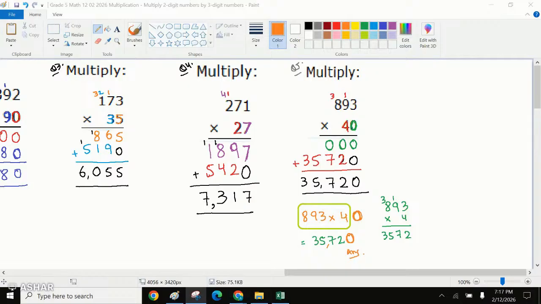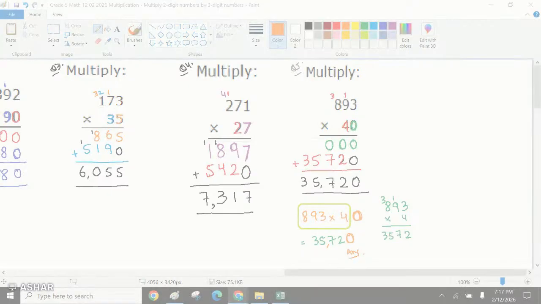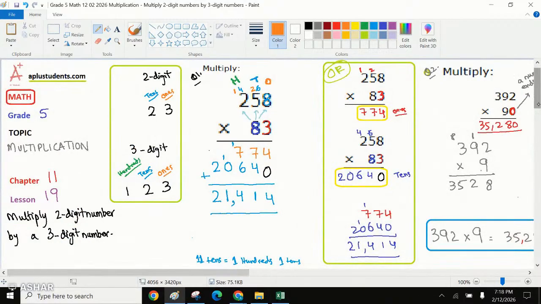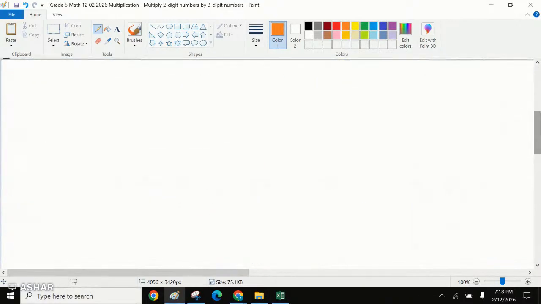The next question says multiply 483 by 85. Okay, so question number 6 gives us this statement.